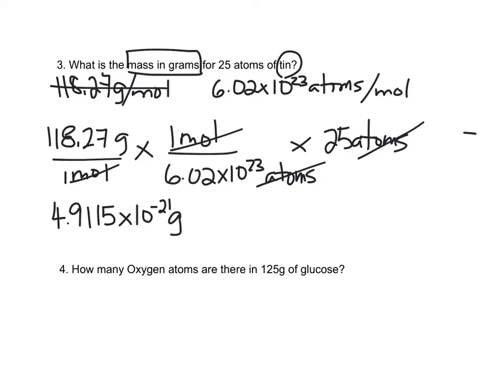Now I used 5 sig figs because there were 5 sig figs in my molar mass. 25 atoms, that's an infinite number of sig figs, and usually known quantities or conversion factors are given an infinite number of sig figs too. So I'm going to go with molar mass. So there's your answer. The mass of 25 atoms of tin is 4.9115 times 10 to the negative 21 grams.